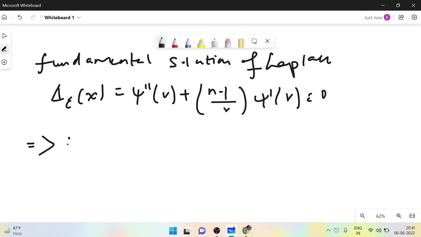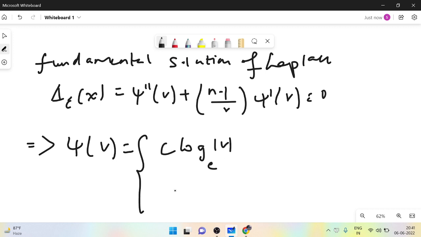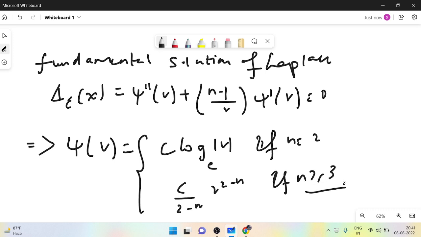It's a simple ODE. Once you solve it, you get psi of r as c times log of mod r for n equals 2, and c times r to the power 2 minus n for n greater than or equal to 3.